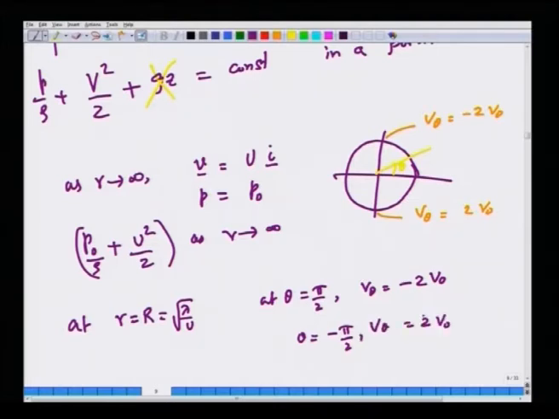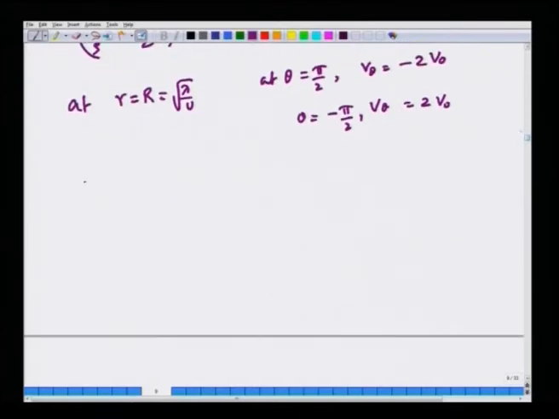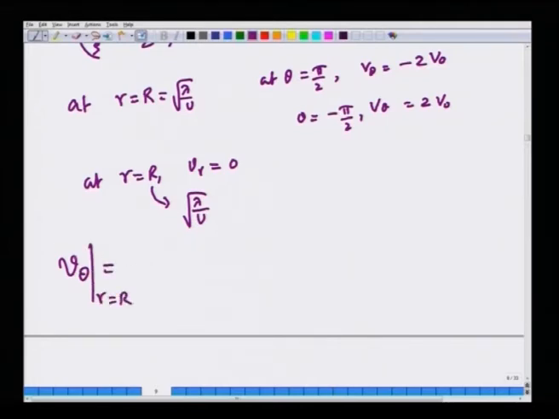At r equals capital R, v r is 0 by definition, because there is no normal velocity into the surface of the cylinder. That is how we identified the streamline at r equals capital R, equal to the square root of lambda by u. So the only velocity we have to worry about is v theta, which upon putting in the radius gives minus u times 1 plus lambda by u R squared, times sin theta.